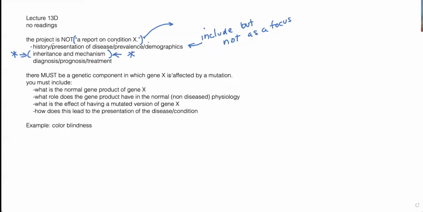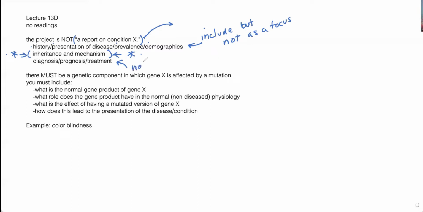People might enjoy it a lot because you're talking about things that are of human interest, but this is not an assignment that is generating human interest. It's an assignment that is after the learning of the biology underlying the condition, right? And so similarly, when it comes down to the diagnosis and prognosis and treatment, yes, things that are of great interest to nurses and future health professionals.